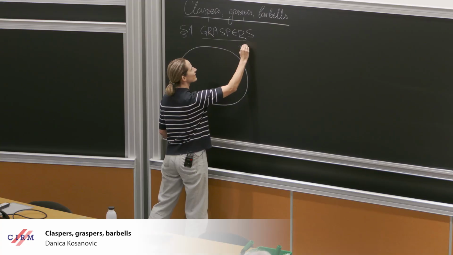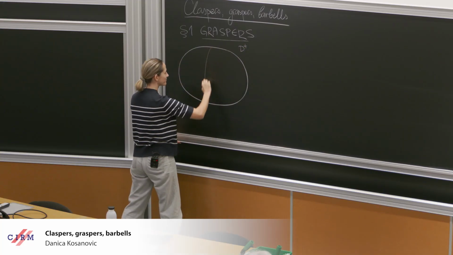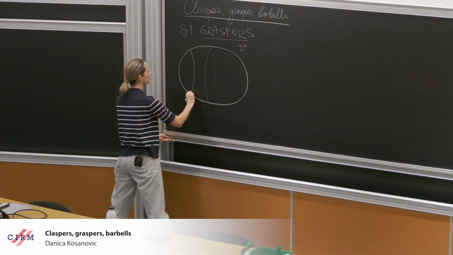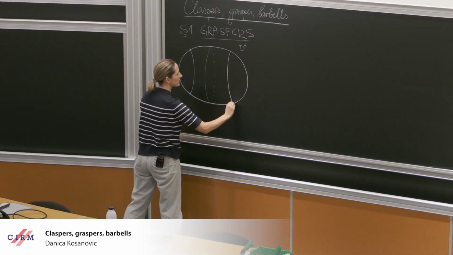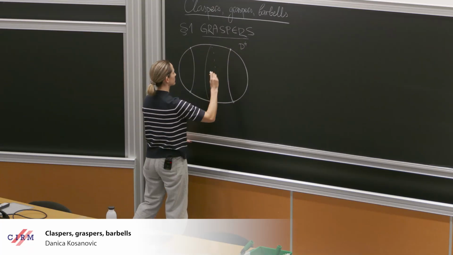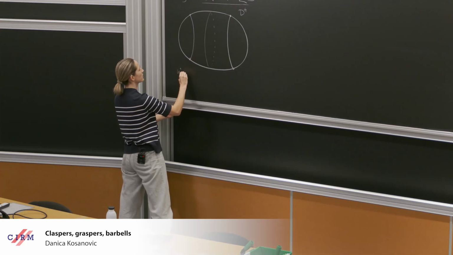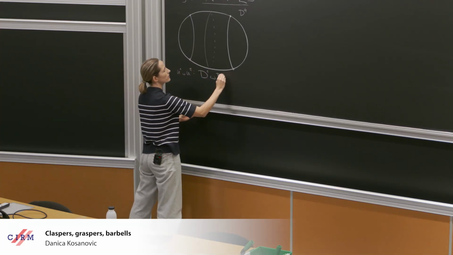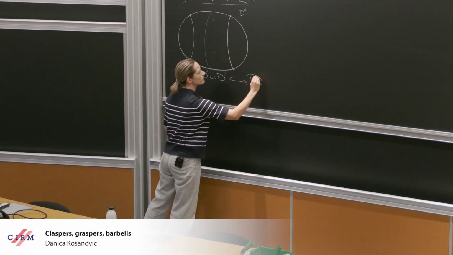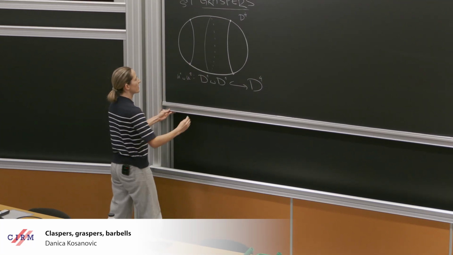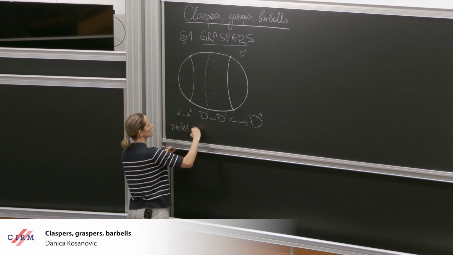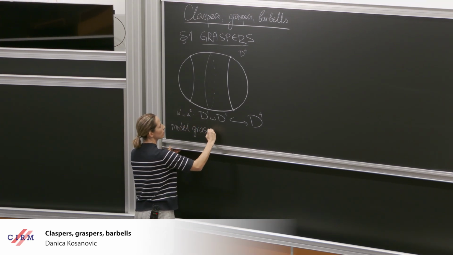So this is the 4-ball in which I want to fix two arcs, U1 and U2. So U1 and U2 is an embedding of two disjoint arcs in D4. And the model grasper is just the complement of one.